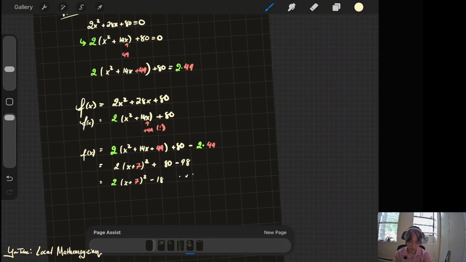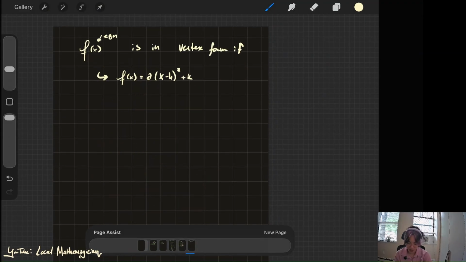This is great because it's in vertex form, which we will discuss in the next video. This is an important skill I want you to get comfortable with. We'll talk more about it later.